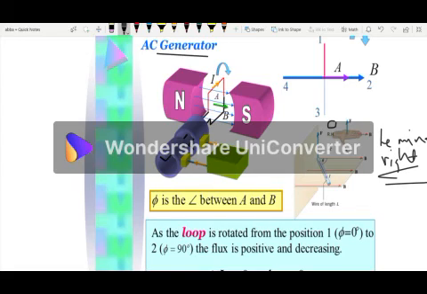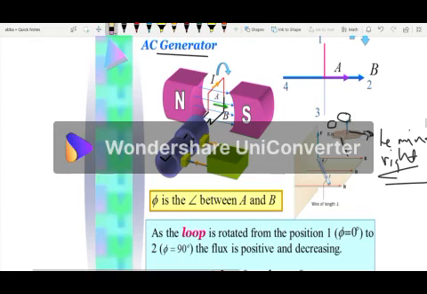If you face the palm towards the screen and open your fingers wide, you will have your force going up, your current going sideways, and then you have the magnetic field here.